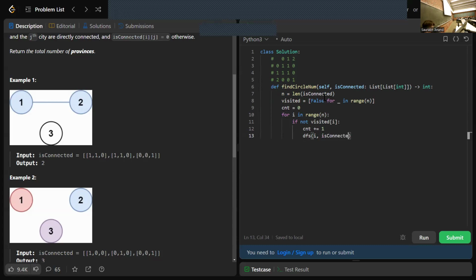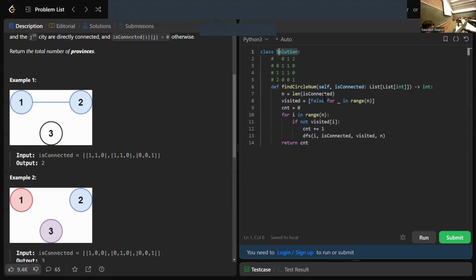We need the adjacency matrix so that it knows what it can explore, what's already been visited, and n as a helper variable to make things convenient, so we don't have to take the length of is connected again. And then we're going to return the count. The number of times this is incremented is the number of times we find a new component that we have to explore.